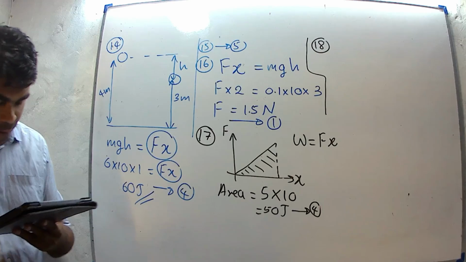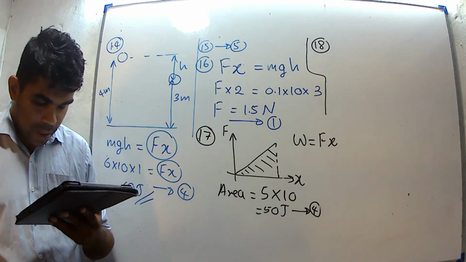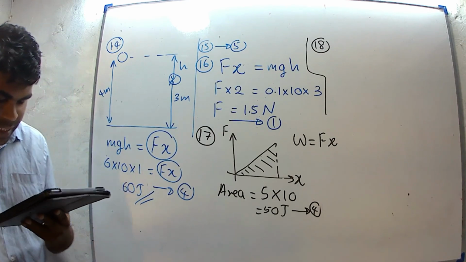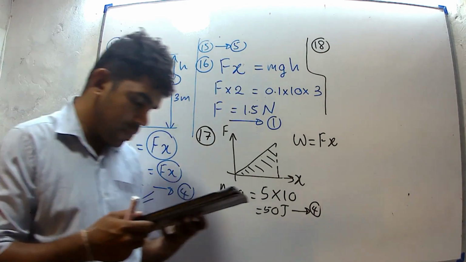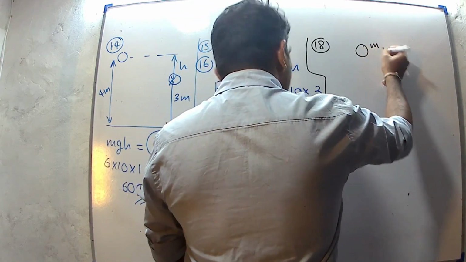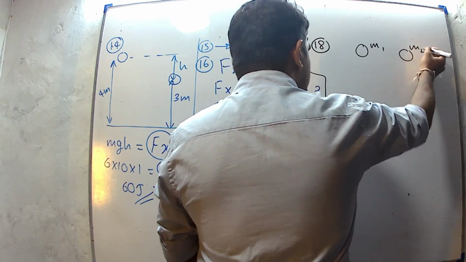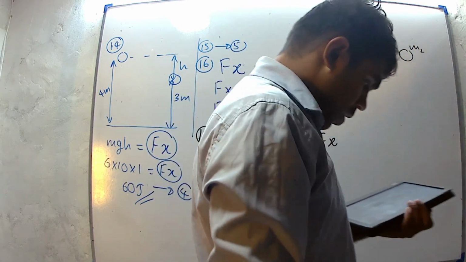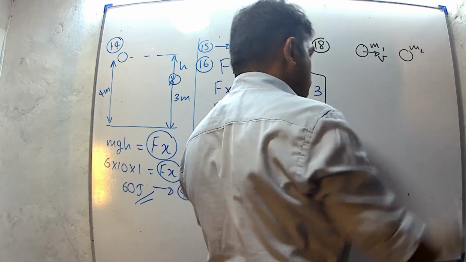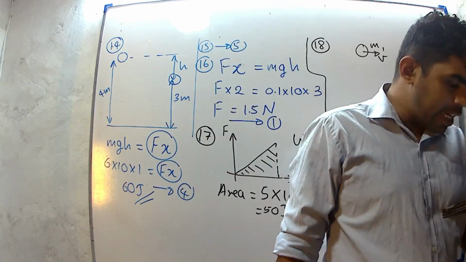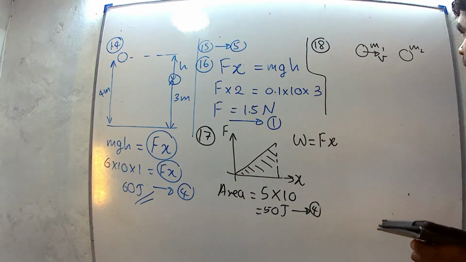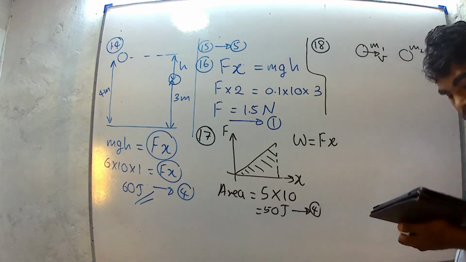Statement A: if m1 is less than m2, then m1 and m2 move in minus x and plus x direction respectively. Now they have given that there are two particles m1 and m2. m1 is moving with speed u in the x direction, colliding elastically with the particle m2 at rest. m2 has no velocity.